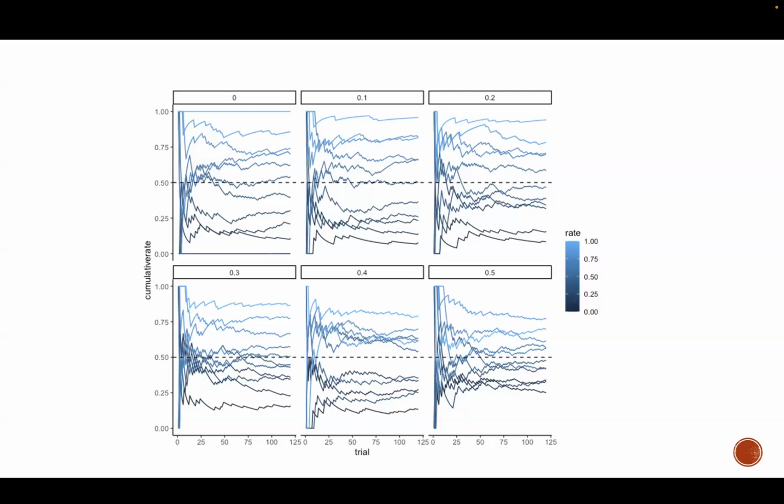We also see, maybe not from there, that the trial number at which the pattern starts separating gets higher and higher. The more noise you have, the harder it is to discriminate between the behaviors, because there's a lot of noise. It makes sense.